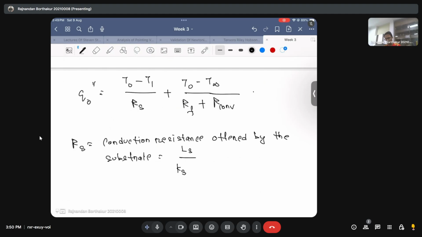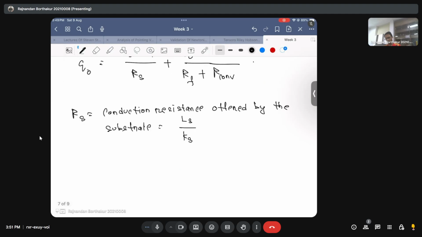We will not consider the area because we are only interested in flux. The rate of heat transfer divided by A will just give you the flux, and that's the reason we will not consider the area.